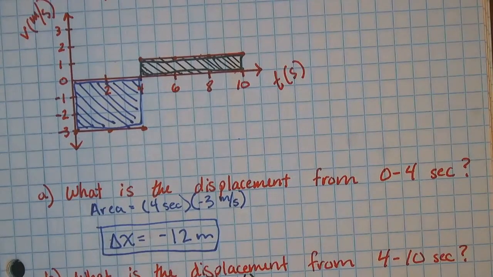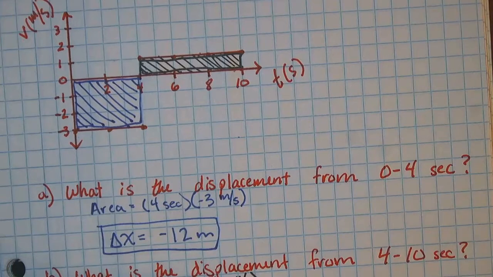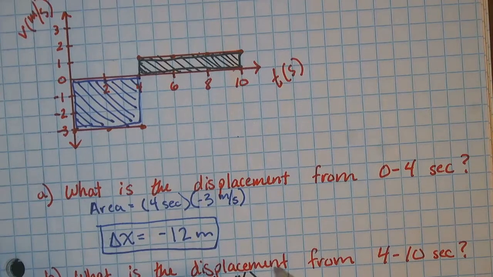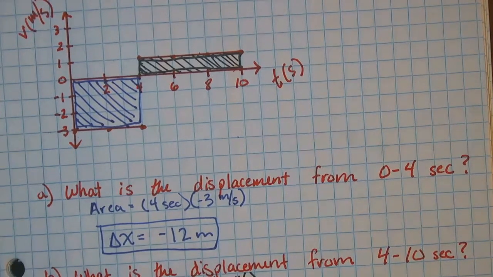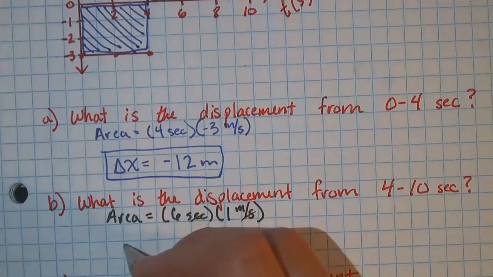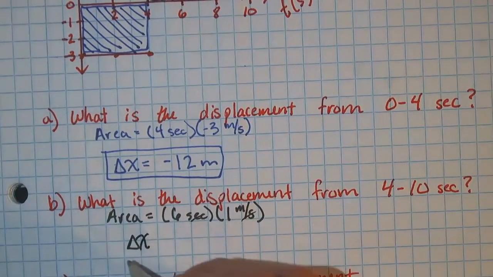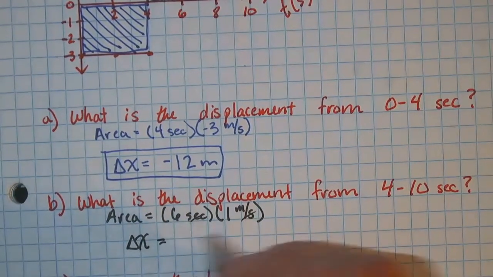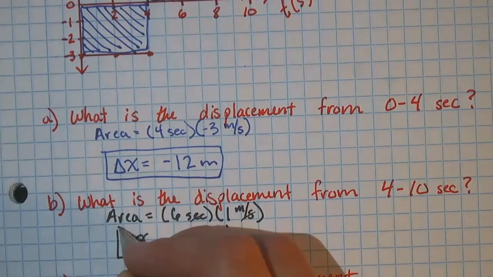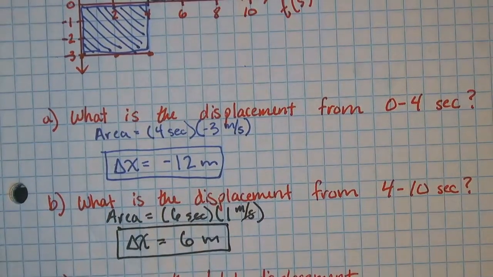You have a seconds in the numerator, and you also have a second in the denominator, because it's meters per second. So that seconds is going to cancel with that seconds, leaving you just meters as your units. It's sometimes nice to be able to double check that. That means your displacement, which is your area, is just 6 times 1, which is 6 meters, and that's positive because we were traveling in the positive direction.